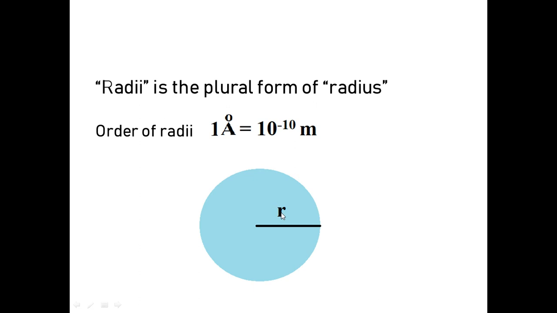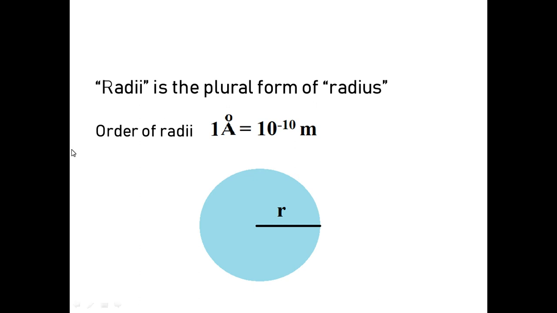The nucleus is also spherical in nature, and its radius is around the Fermi order, that is 10 raised to power minus 15 meter. But in this lecture we talk only about the radius of atoms. So it is an elementary idea of the radius.